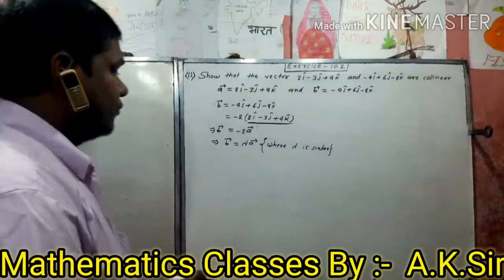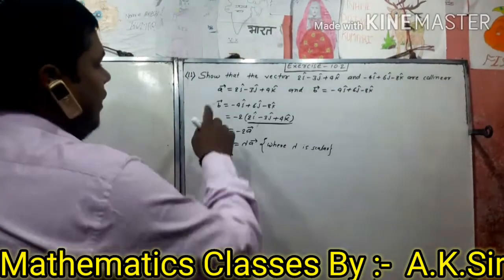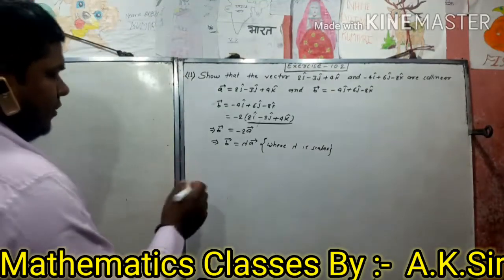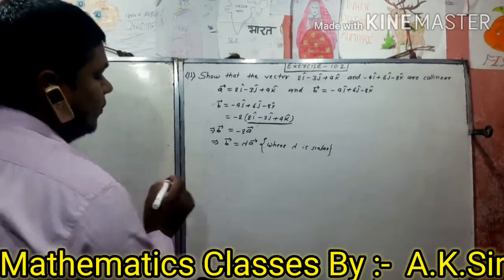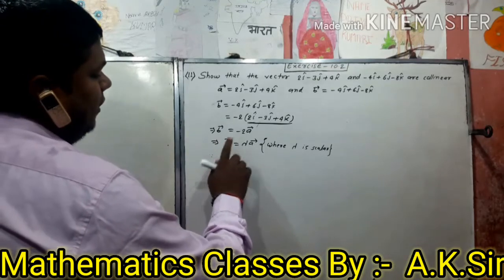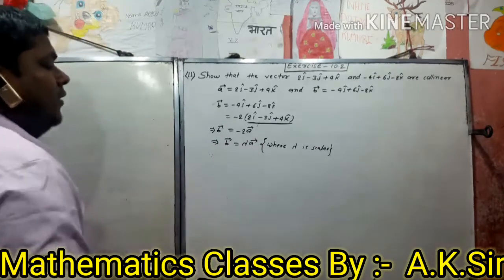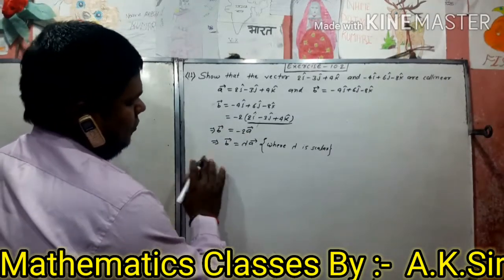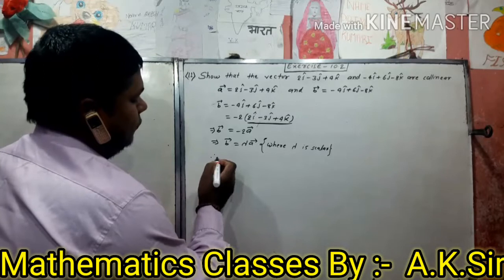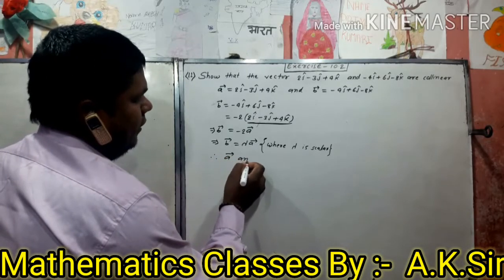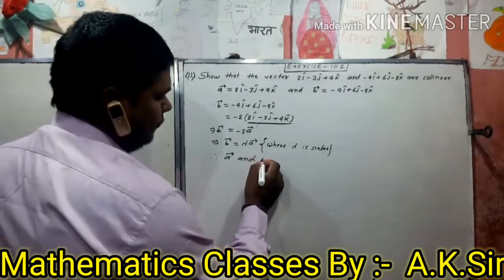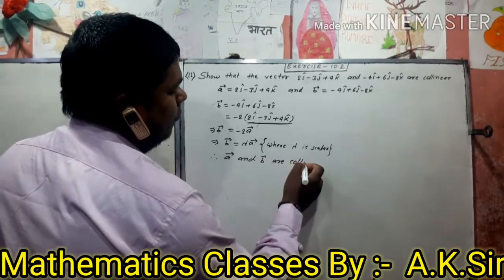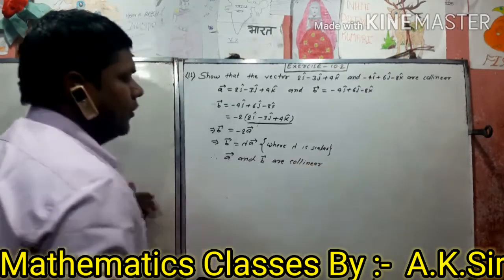So here the given A vector and B vector are collinear because B vector and A vector are parallel to each other. So A and B are collinear.